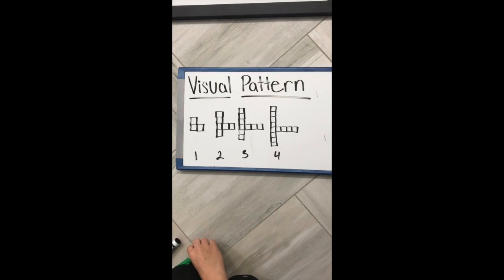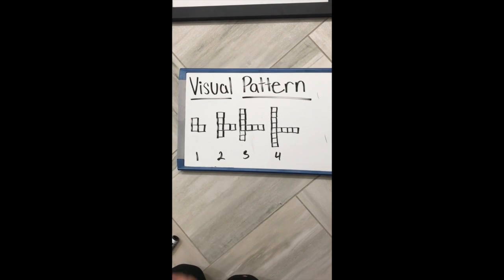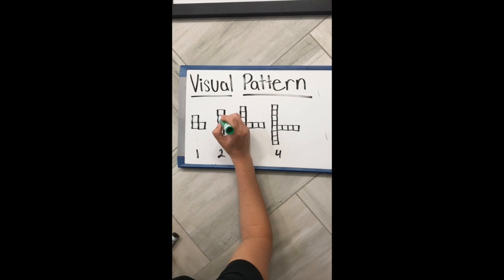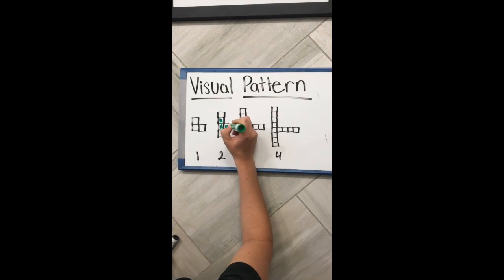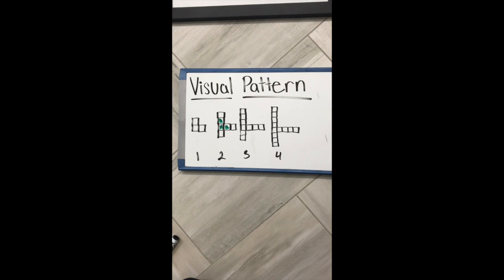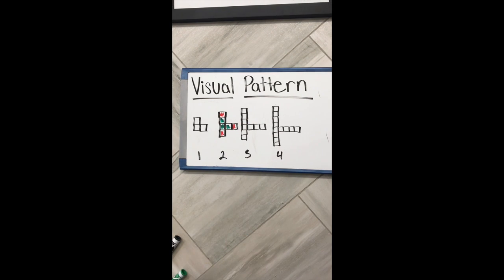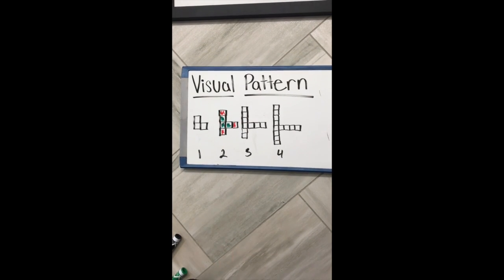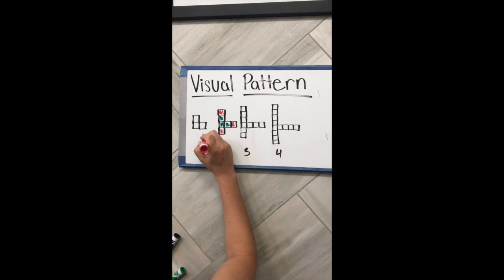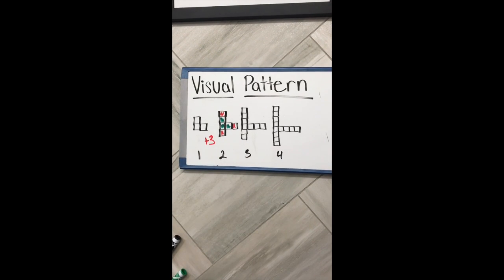Okay, and then going to the next term, the second term, you see that there's the original 3 squares right there, but then they added 3 more squares on. 1, 2, 3. Okay, so going from here to here, we added 3 squares.